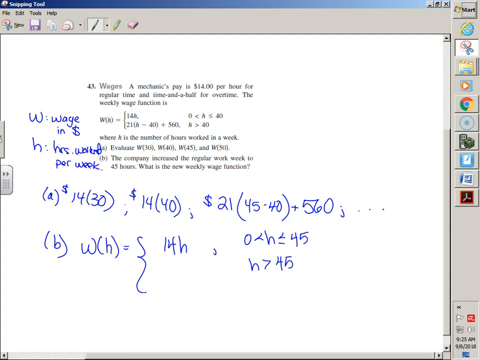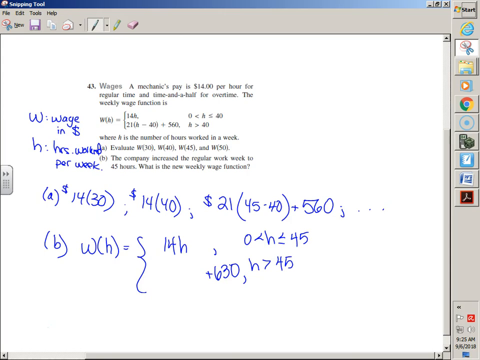So what's 14 times 45? Ooh, I think, nope. There was overtime before. Anybody have 630? Do you guys agree? Anyone? Back up. 630. Can't be 560. That was for 40 hours at $14. Now it's 45 hours at $14 an hour.